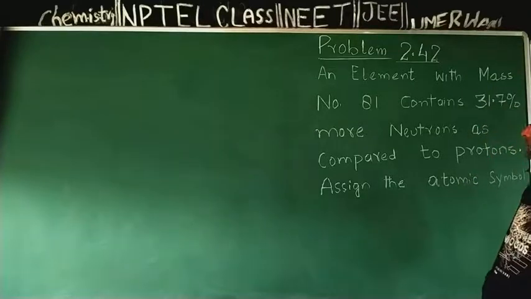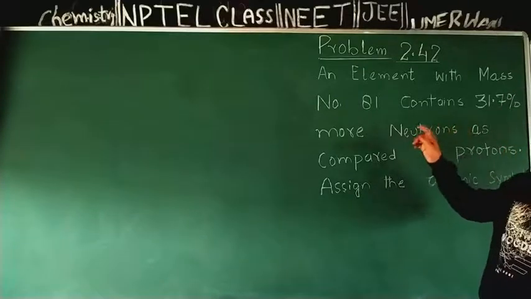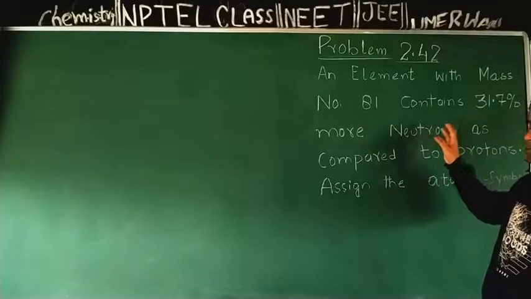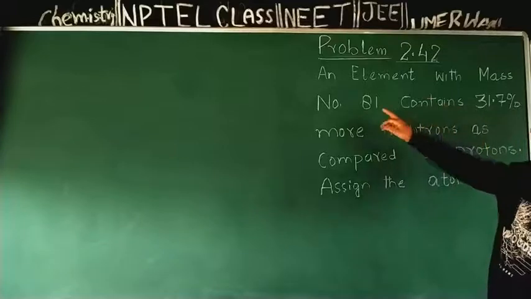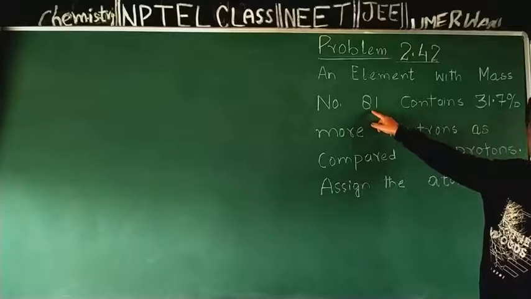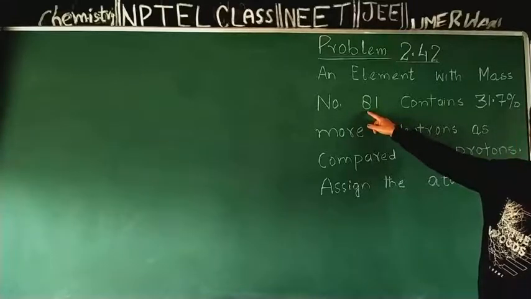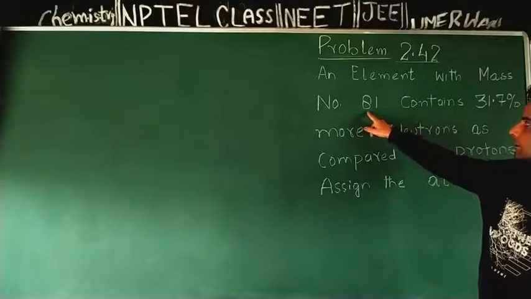In this problem, information about number of nucleons is given, that mass number of element is 81. It means number of nucleons, number of protons plus number of neutrons in the nucleus, is 81.